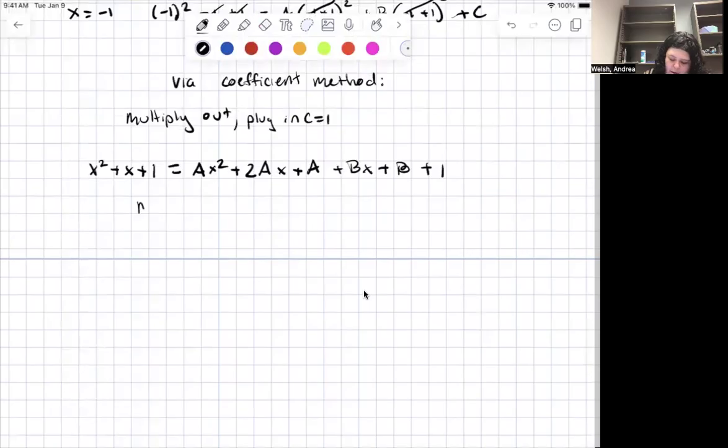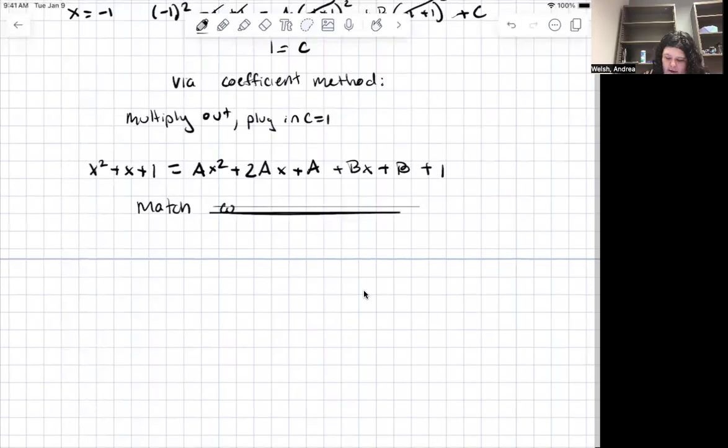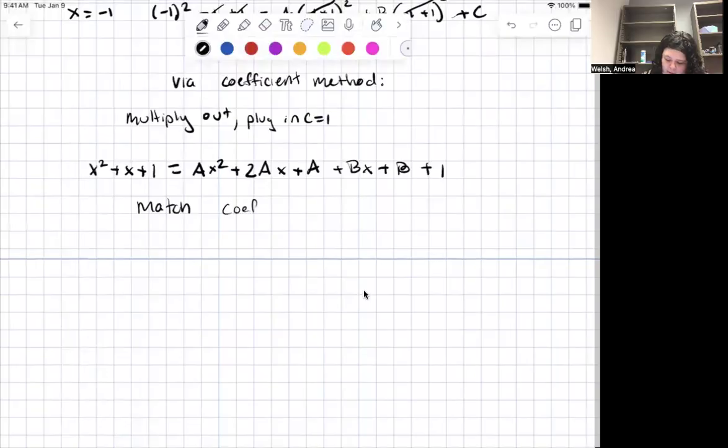And we want to match coefficients of the same order of x.